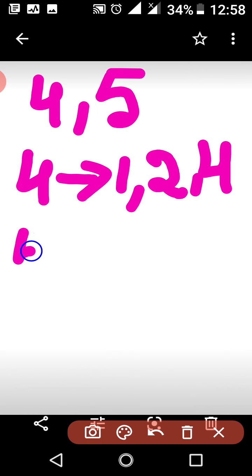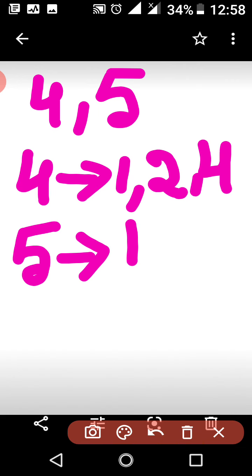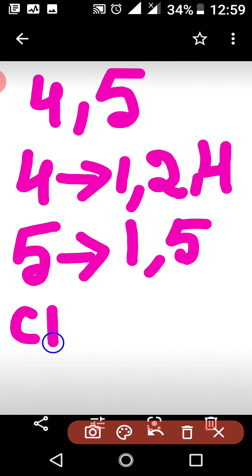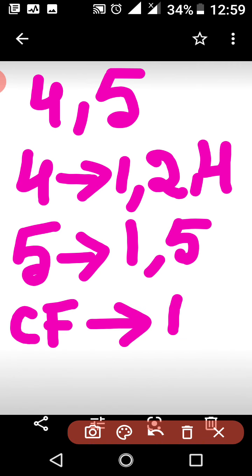And what are the factors of 5? Factors of 5 are 1 and 5 only. If you observe, what are the common factors from these both? Common factors are 1 only here. 1 is common for 4 and 5.